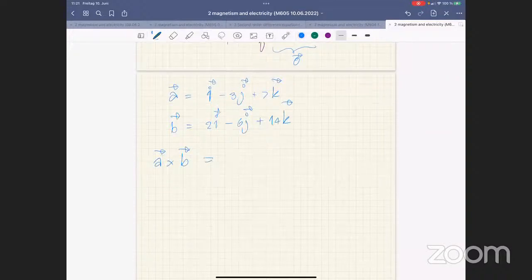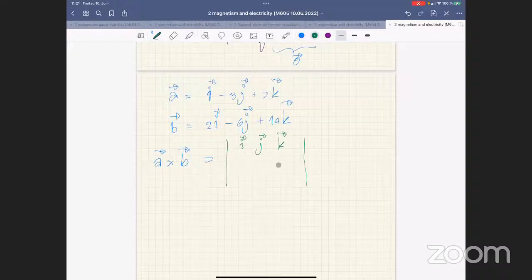You can see that you're going to have the determinant, right? And here you have unit vector i, unit vector j, and unit vector k. And now we lay out the coefficients of the first vector. We will not say i, j, k anymore. We will take only the coefficients.